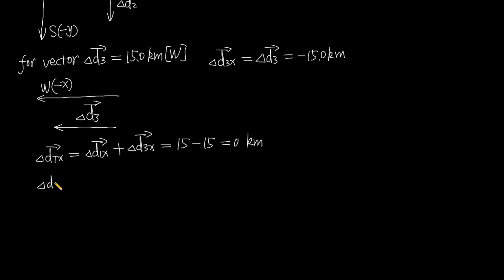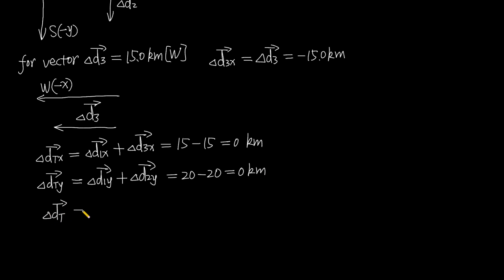Also, vector delta dty equals vector delta d1y plus vector delta d2y and equals 20 plus negative 20, also equals 0 kilometers. Then we know that the vector delta dt just equals 0. It's because delta dtx and delta dty are both 0.